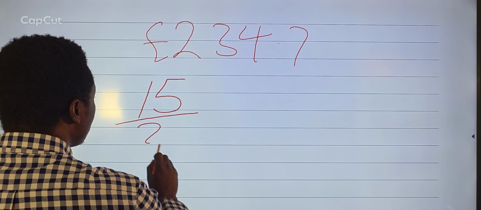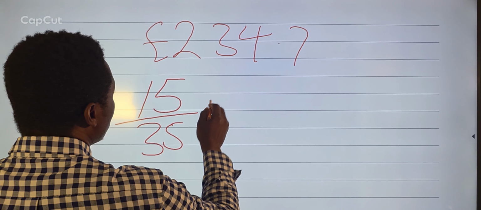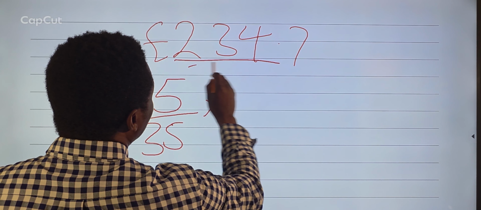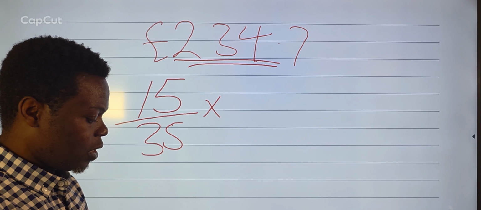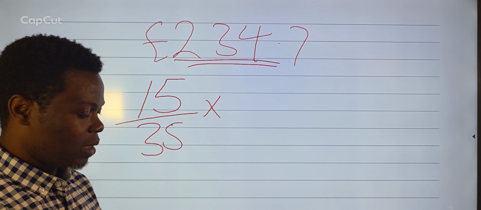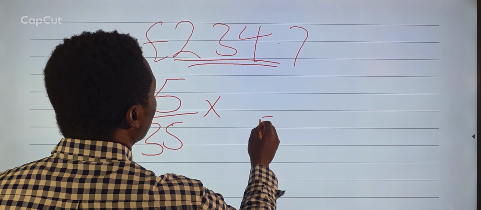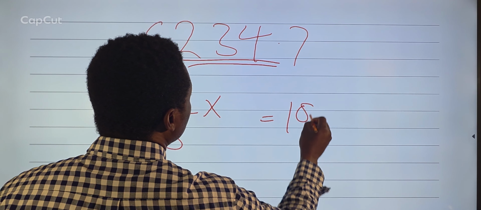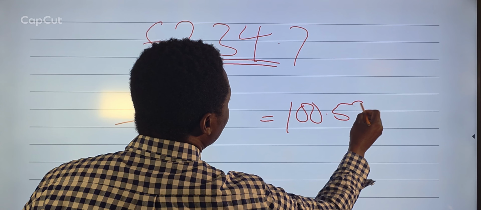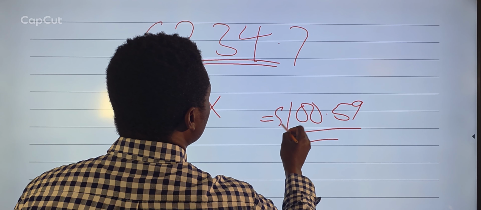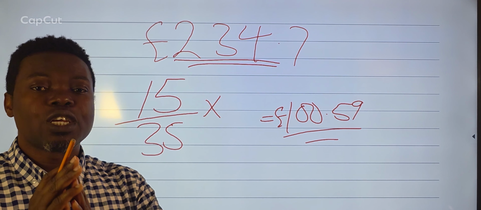Divide by the maximum number of years, which is currently 35 years. Then you multiply it by this amount. Then let's do it. 15 divided by 35 years times 234.7. That will give us 100.59 pounds. This is what you are going to be receiving every week.